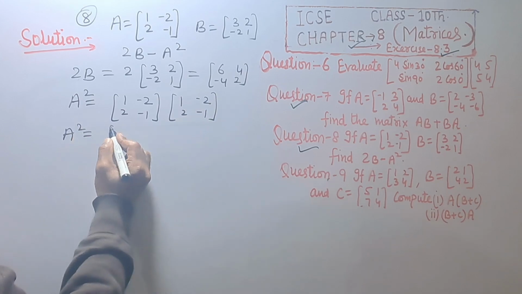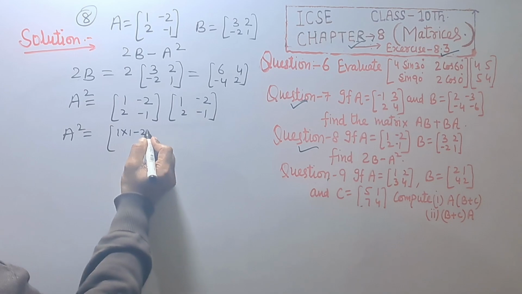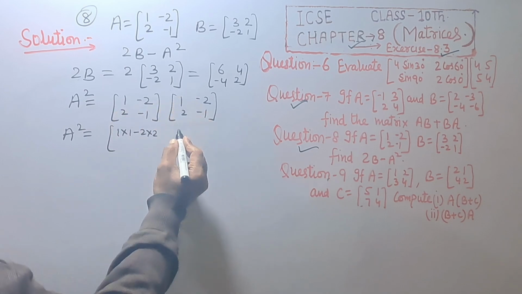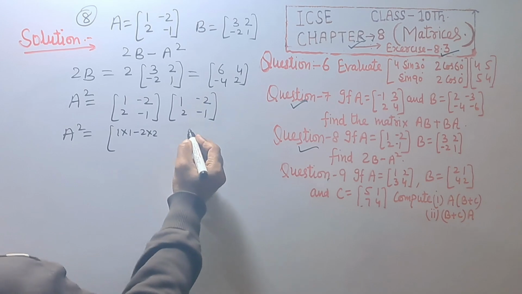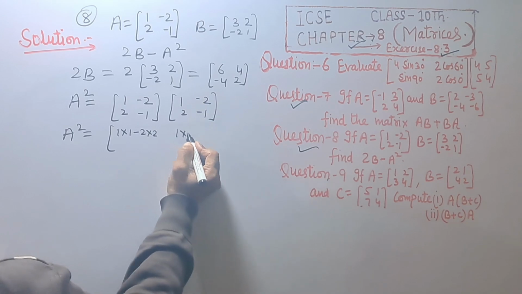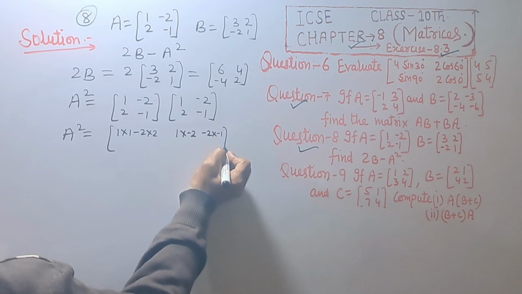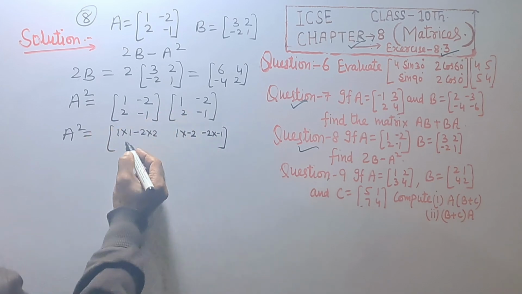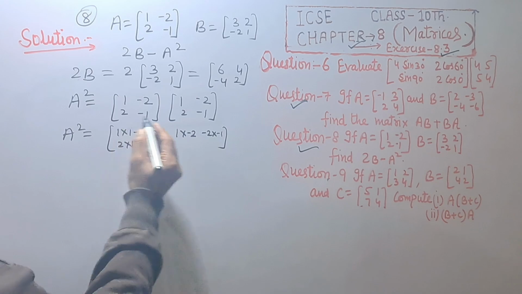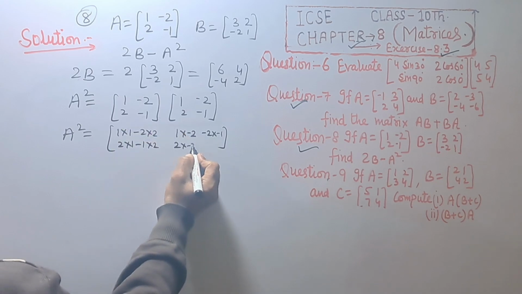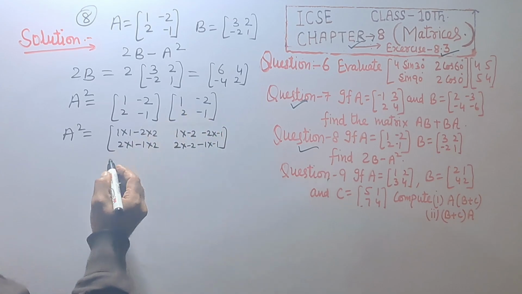So A squared is equal to 1 multiplied by 1 minus 2 multiplied by 2, row multiplied by column, and first row multiplied by second column, 1 multiplied by minus 2, minus 2 multiplied by minus 1, then 2 multiplied by 1, minus 1 multiplied by 2, 2 multiplied by minus 2, minus 1 multiplied by minus 1.